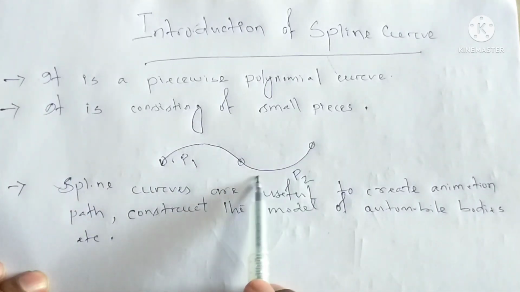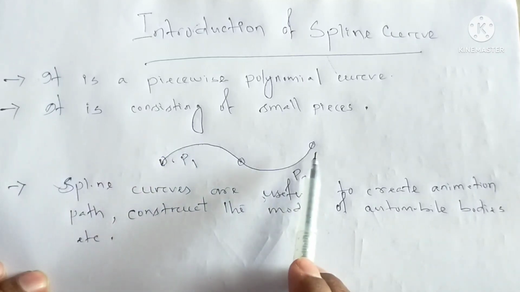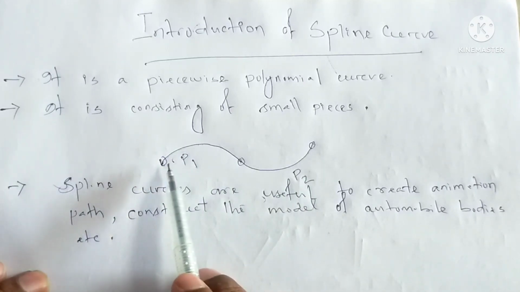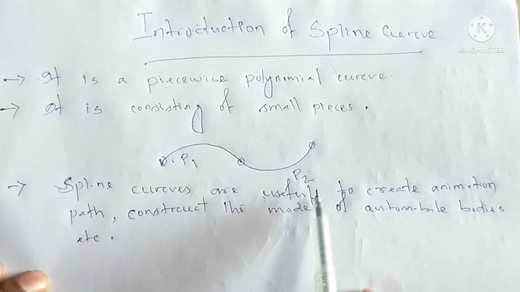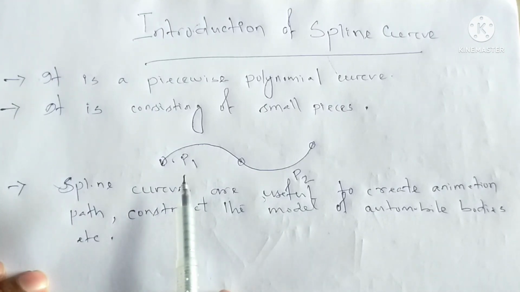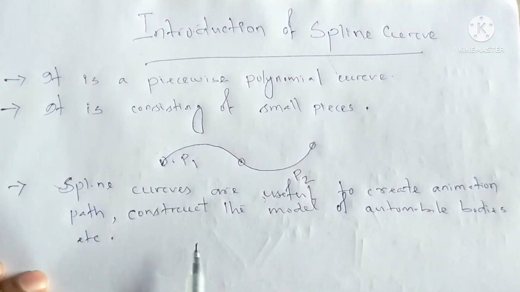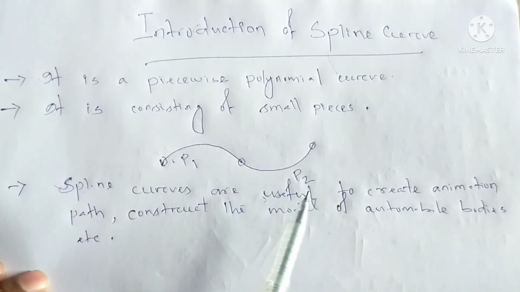So this curve will be helpful for that butterfly for its movement. So that's why in animation the path is created by the spline curve. Similarly, we have different automobiles, and the outer appearance of the automobile can be easily constructed by the spline curve.